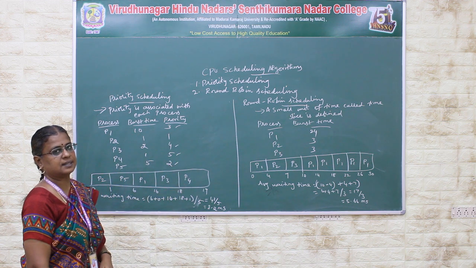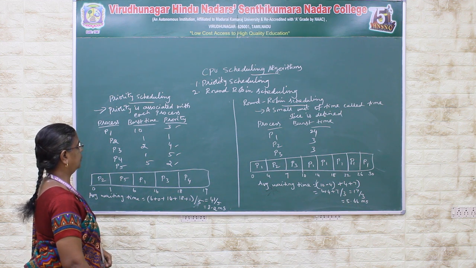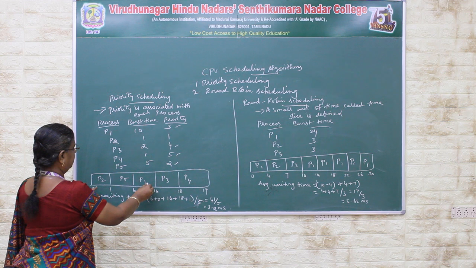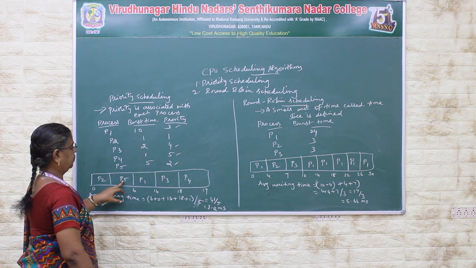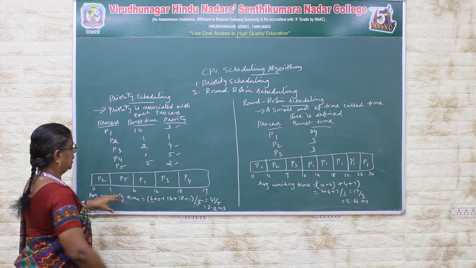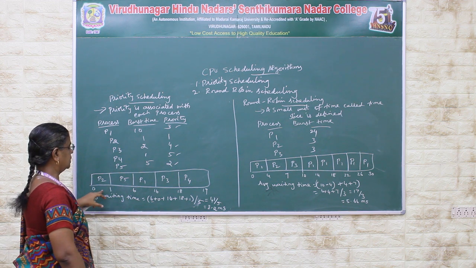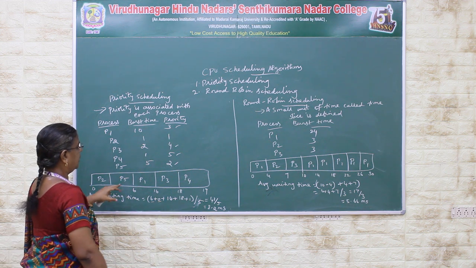Now let us see the average waiting time for this priority scheduling algorithm. P1 has to wait for P2 and P5 to complete, so its waiting time is 6. P2 does not have to wait for any other process, so its waiting time is 0.